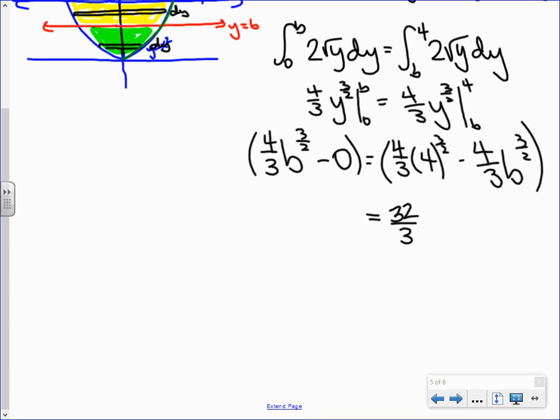It'll be easier when we get to the next step. Then I can add this over to combine with this 4/3 b to the 3/2. So then we have 8/3. Yep, very good. Then we can divide 8/3 over to give us 4.